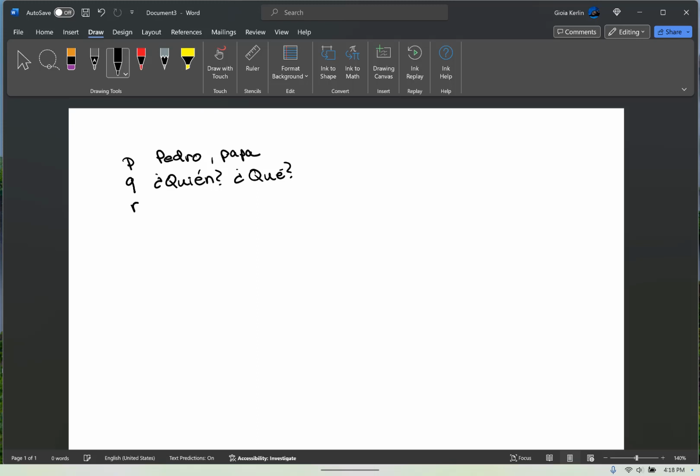Next letter is R. A single R has almost like a flapped D sound. It's like saying the word butter in American English really fast. In British English, a double T is pronounced more like a T on the tip of your tongue.